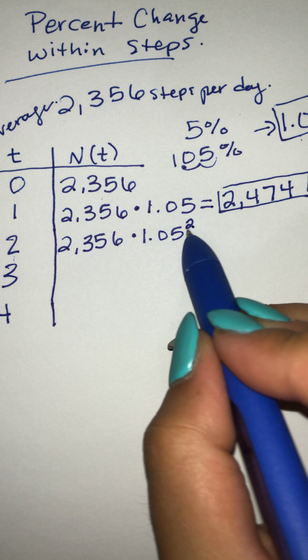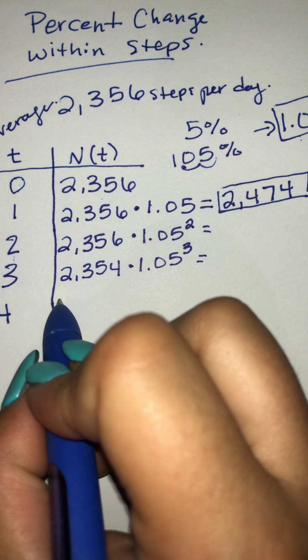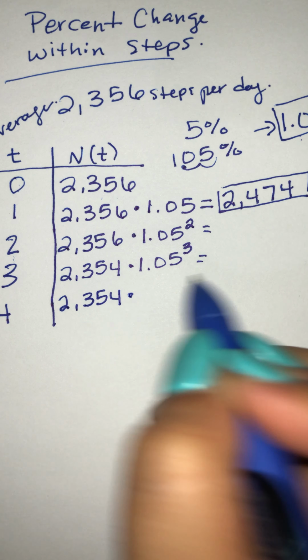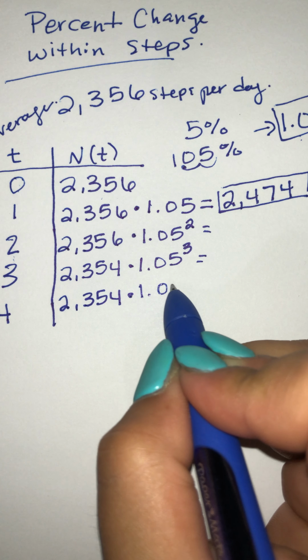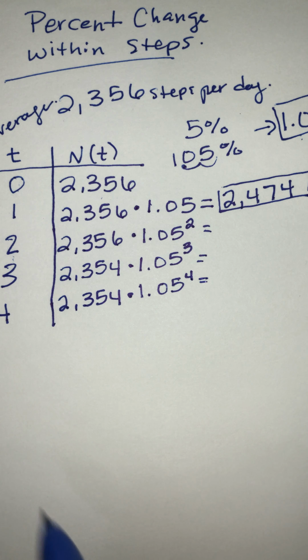Then here, I would take my base data times 1.05, but cube it, because it's week 3. Same thing with week 4: 2,356 times 1.05 to the 4th.